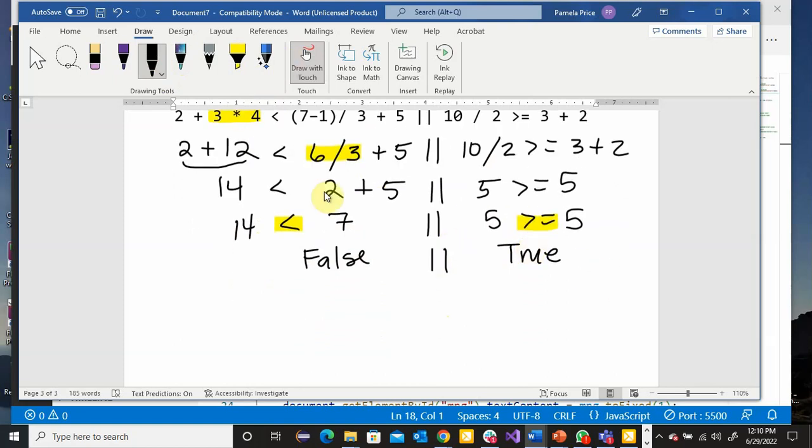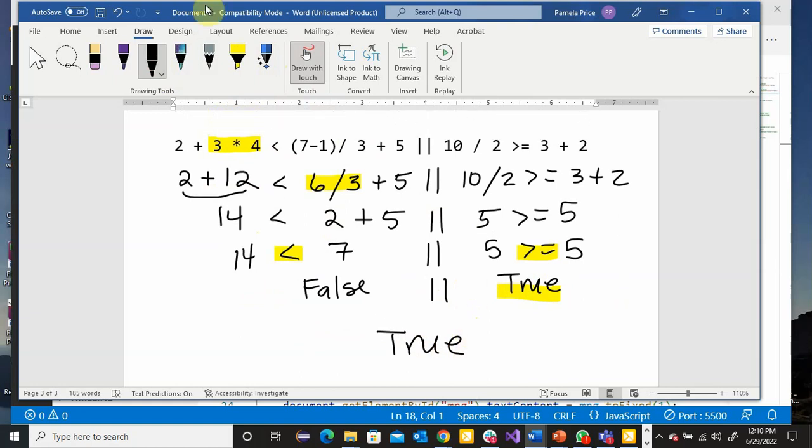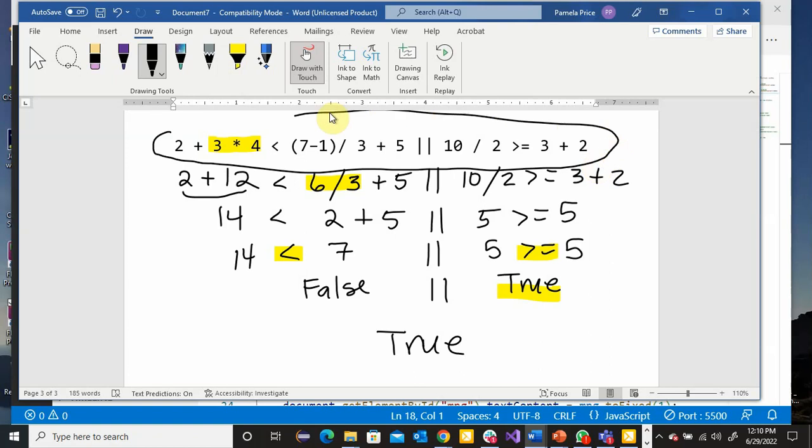And since it's an or, and we have at least one true, then that means this expression is true. So this entire big crazy expression here evaluates to true. And it's really important to understand how to evaluate relational or Boolean expressions like this.